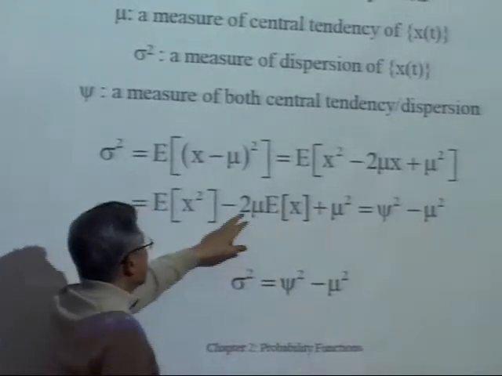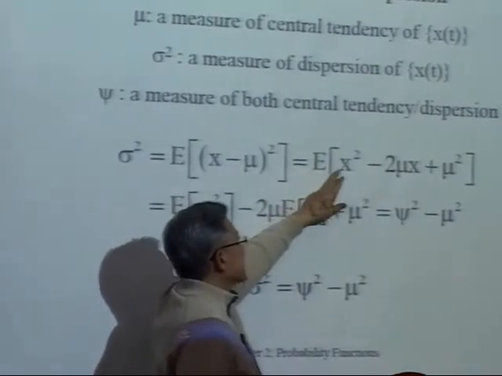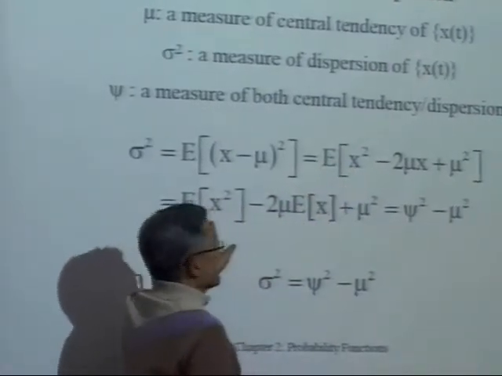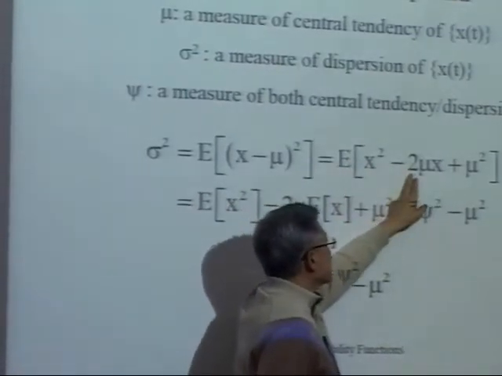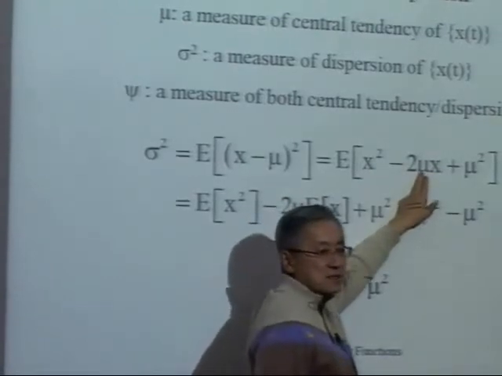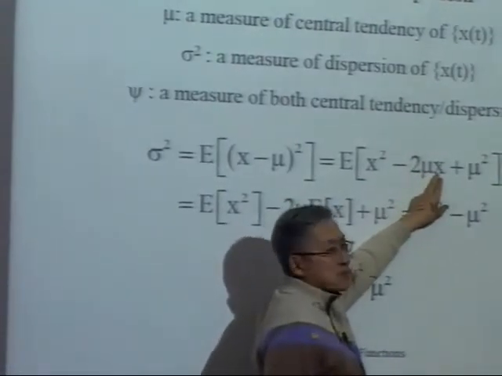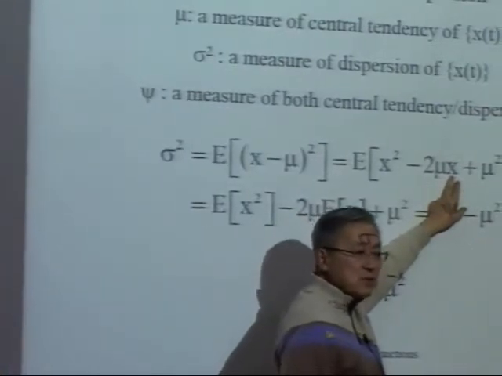Then you can apply the expected value to each term. Expected value here, minus the expected value of 2 mu x. Mu is a constant, the mean. The expected value of x is equal to mu.